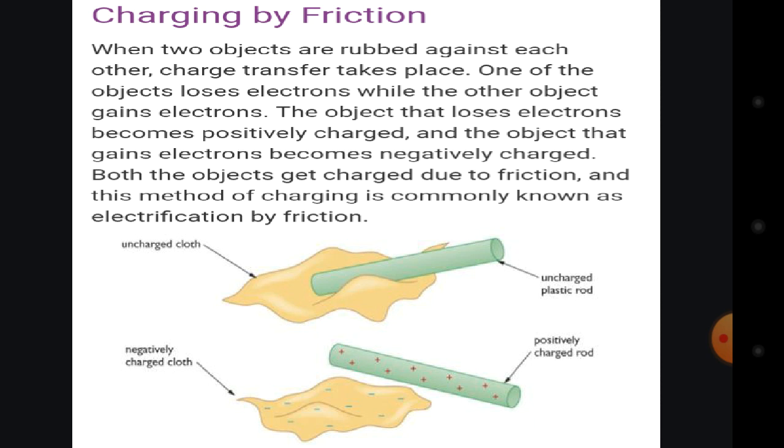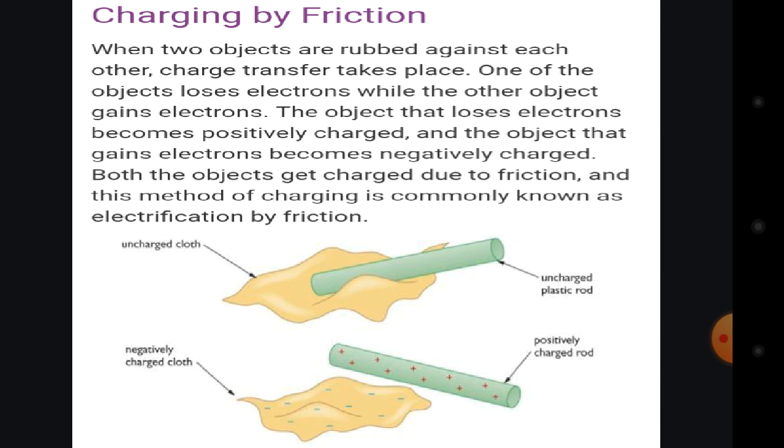Between those objects, one will lose the electron while the other object will gain electron. Maybe the plastic rod will lose the electron, and the cloth will gain that electron.